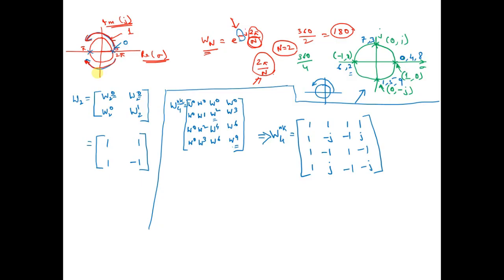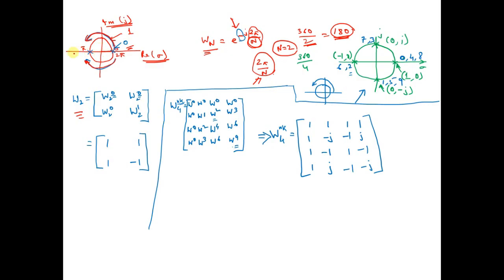Now, coming to the calculation of the twiddle factor value. So W2, here the length of the signal is 2. How do we calculate this one? The total 360 degrees divided by 2 is 180 degrees. So the first point will be 0 and the second point would be 180 degrees apart.